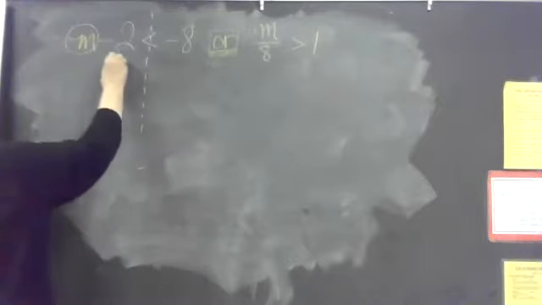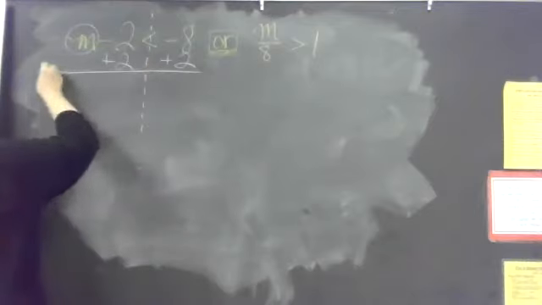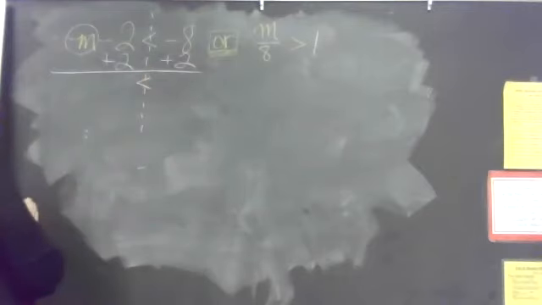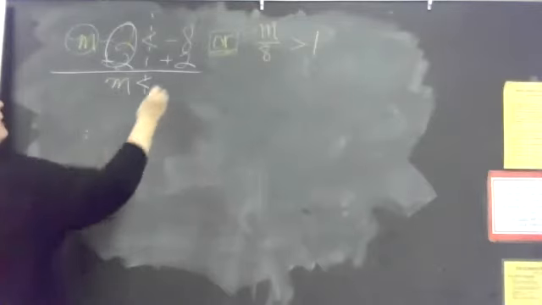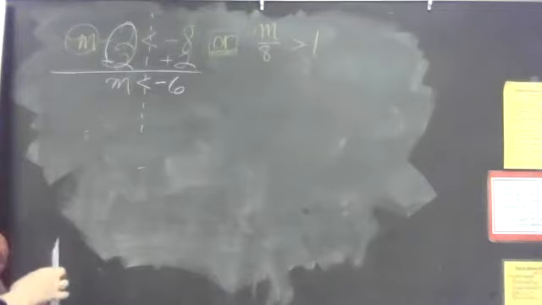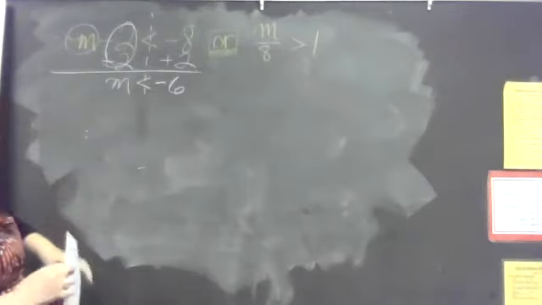We know we have to get rid of the 2, add 2. We look to see, did we multiply or divide by a negative? No. So the sign stays the same. I have an m on this side and a -6 on this side. That's the first part that we're going to graph of our compound inequality.